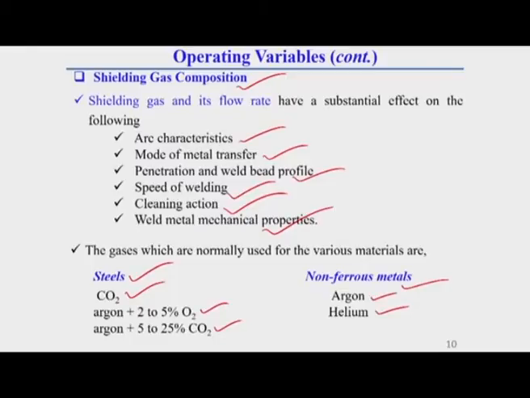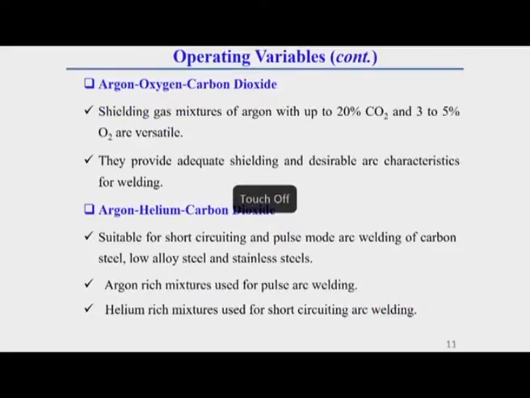Apart from these three combinations for steel, some other gas mixtures are also used. We have seen argon with oxygen, or argon with carbon dioxide, but there can also be argon, oxygen and carbon dioxide, that means three-gas mixtures.